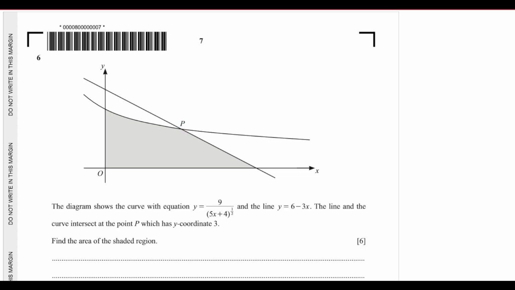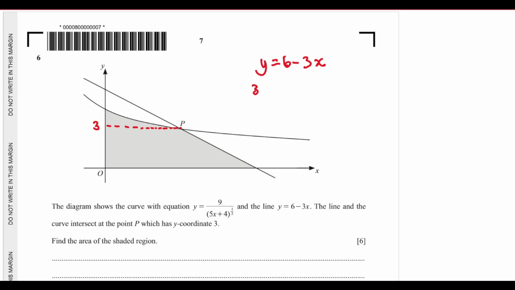Okay, let's fill in that mention of y equals 3. So P is at y equals 3. At which x coordinate is it? Well, we can easily find that. In fact, we do need it.